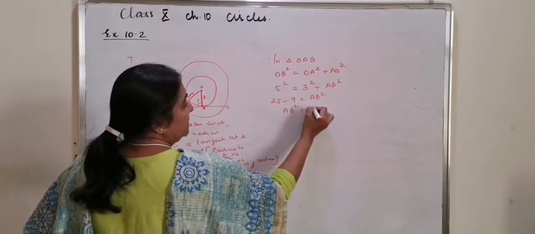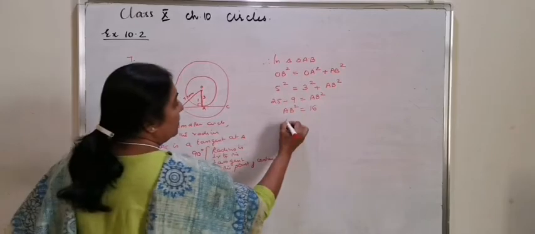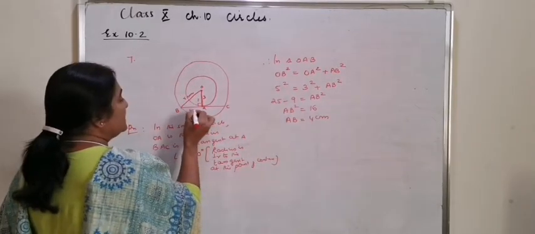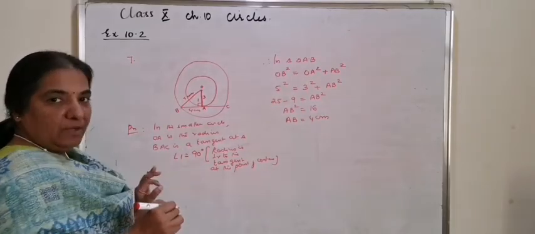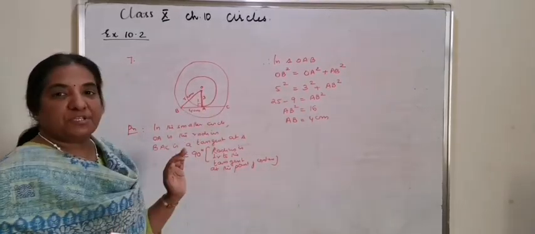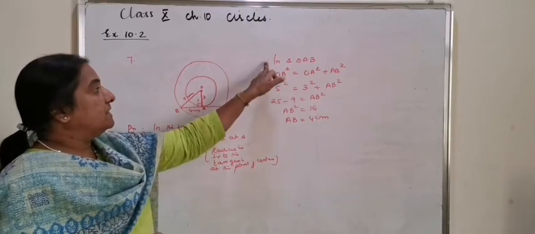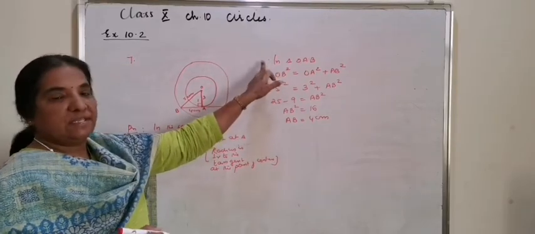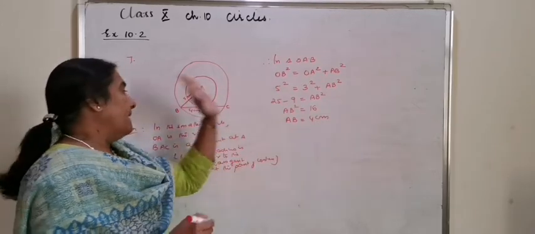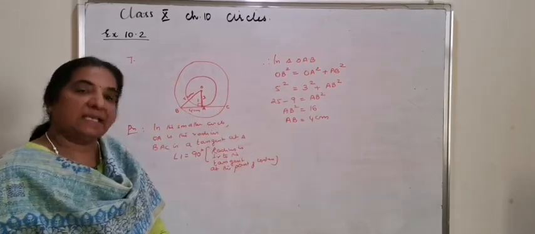AB square is equal to 16, or the length of AB is equal to 4 centimeter. And now, if you join OC and proceed with the same method as in triangle OAC, the length of AC also you will be getting as 4 and the total length of BC is 8.